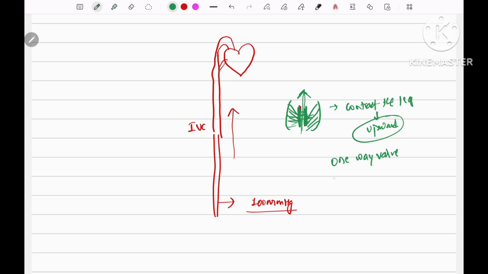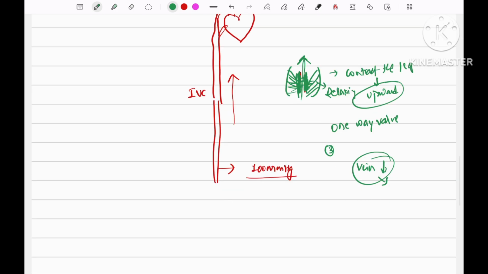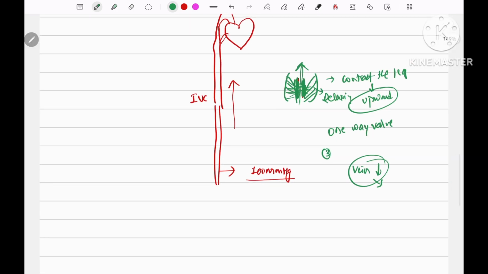The third one is that when the contraction is over, these muscles start relaxing, so the pressure within the vein again decreases, and due to the decreased pressure, there is sucking of blood from the superficial veins into the deep veins to refill the blood.